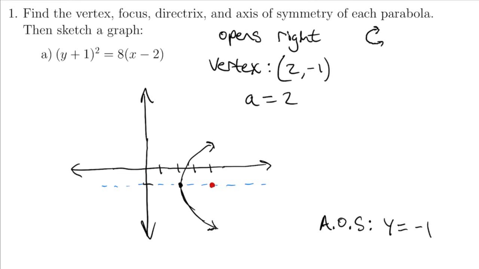Boom. And there is my focus. So focus, let's see, x equals 4, y equals -1. And this is why I like jumping to the graph first, because in my opinion, it makes it a lot easier to get these exact points and equations and make fewer mistakes. But that's just my opinion. You can do it however you want.